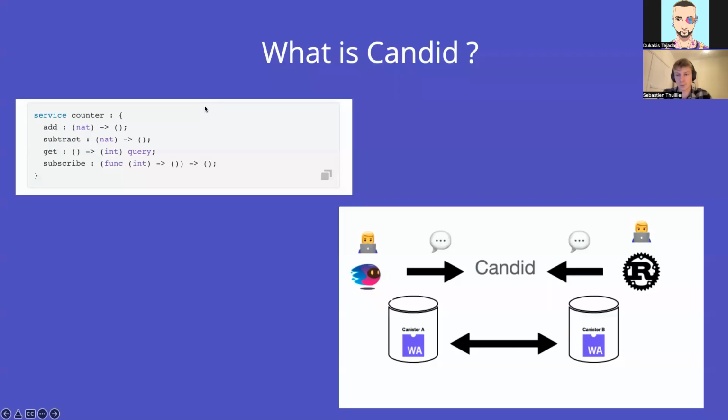So here, for example, for the add functionality, the type of the parameter is nat, and the return value is null. So it's just nothing. Candid has other advantages as well that I won't discuss, but there will be a lecture dedicated to Candid from the DFINITY Foundation, so stay updated on that.